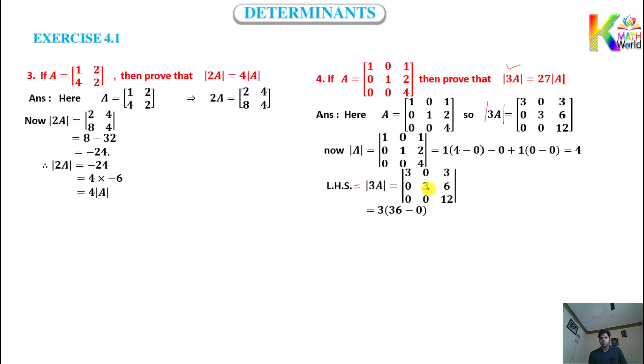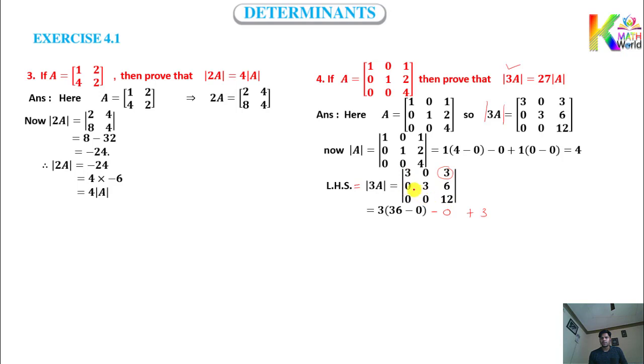What do you get? 36 minus 0. Then you have minus 0 into 0, and 0 with anything will become 0. Afterward you have plus 3. This 3 lies in first row, last column, so I eliminate it.